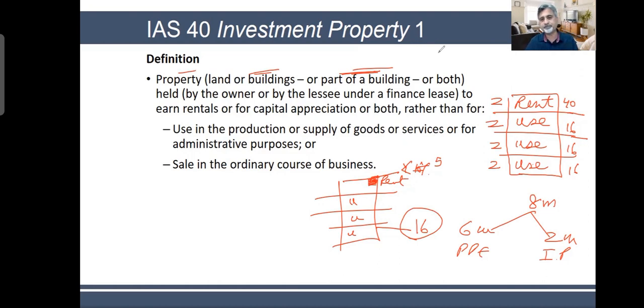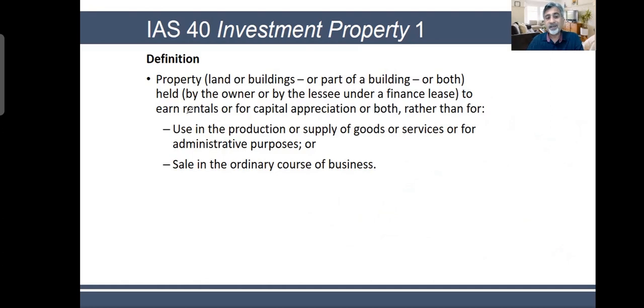Or, held by the lessee under a finance lease, it is possible that it is under finance lease to earn rentals or for capital appreciation or both, rather than for use in production or in the ordinary course of business. This is exactly the same thing which I explained.